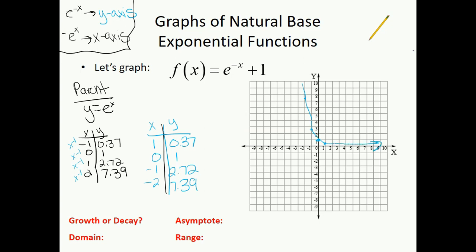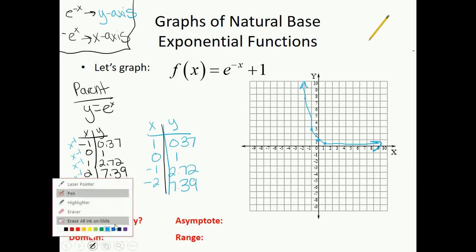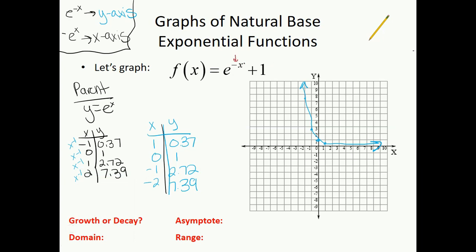There we go. Notice, guys, this is a decay graph, looking left to right, which is kind of neat. If there's a negative in your x part right here, that's how you're going to know you're going to have a decay graph. Good way to remember it. Now we got to move up 1 on each of our graphs. So up 1, up 1, up 1, and up 1.